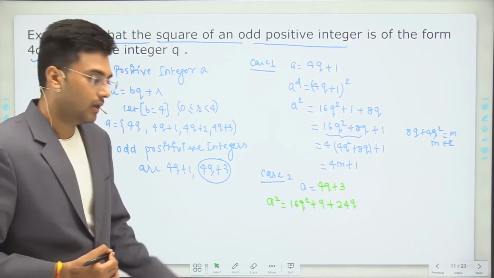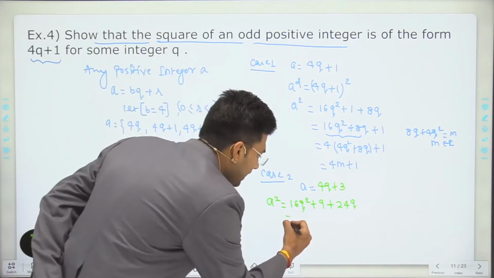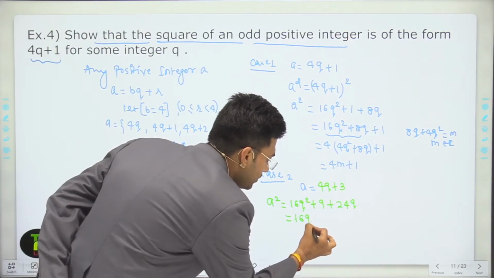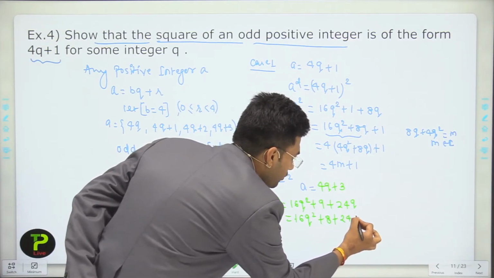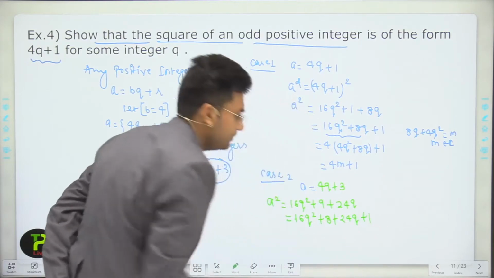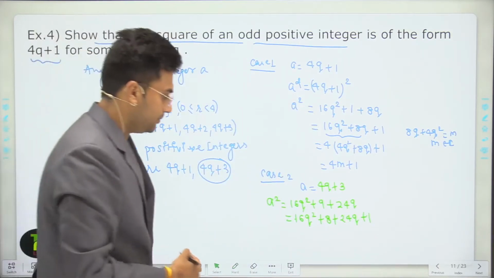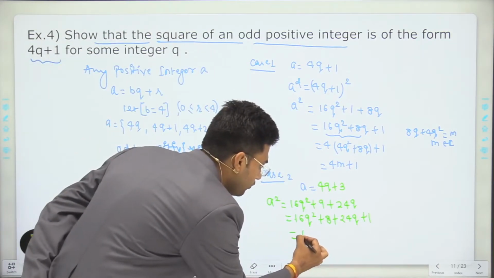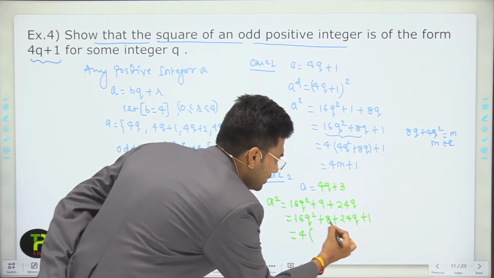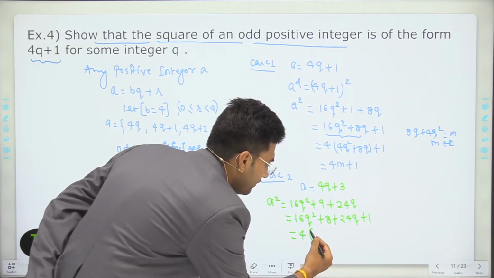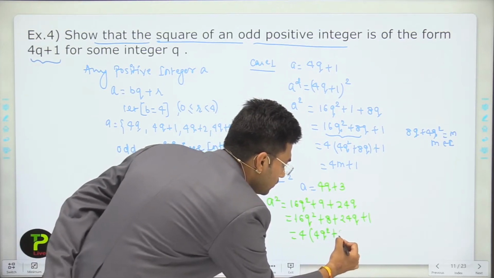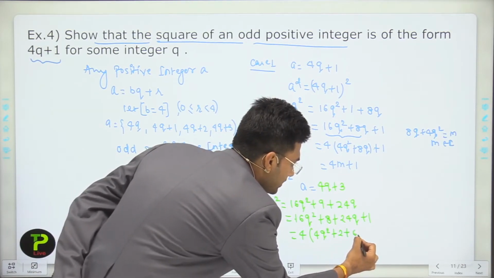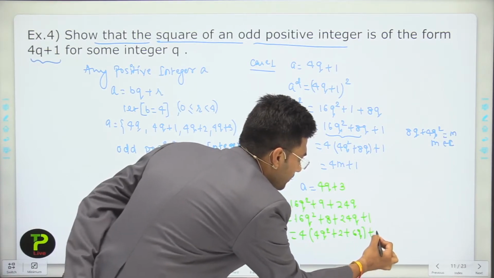Clear? Now we can write it as 16q² plus 8 plus 24q plus 1. Now we can take 4 as a common factor among these three terms. So what will we get? We will get 4 times (4q² plus 2 plus 6q), plus 1.